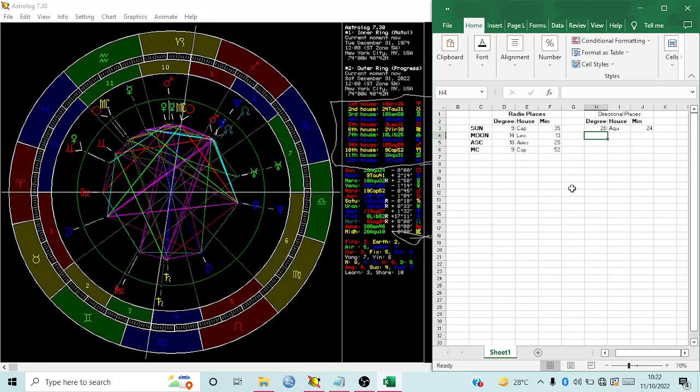So the moon is at 9 degrees Taurus 41, and then the ascendant, which is just down here after the north node, it's at 20 degrees Gemini, 46 minutes, and the last one is 26 degrees Aquarius at 10 degrees for the midheaven, which is the 10th house.